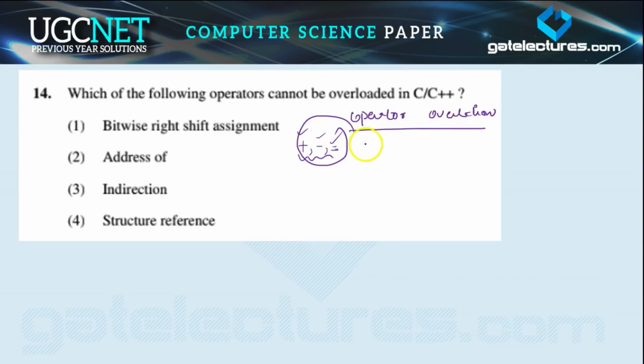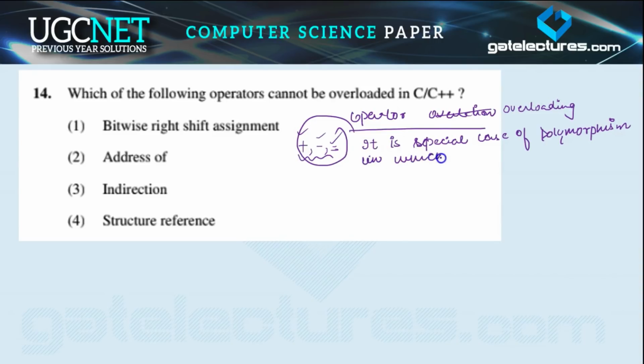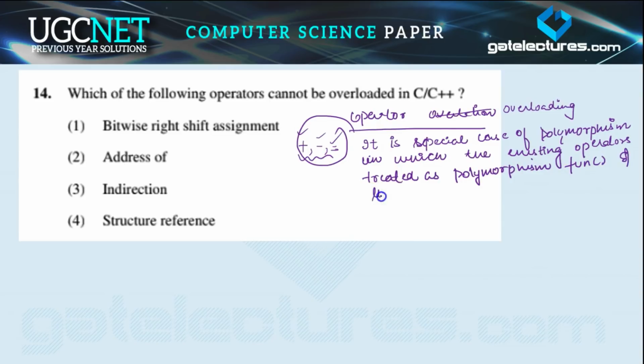Okay, so you can say that operator overloading is a special case of polymorphism, right, in which the existing operators like plus, minus, equal to, or division are treated as polymorphic functions, and they have different behavior depending on the type of arguments.